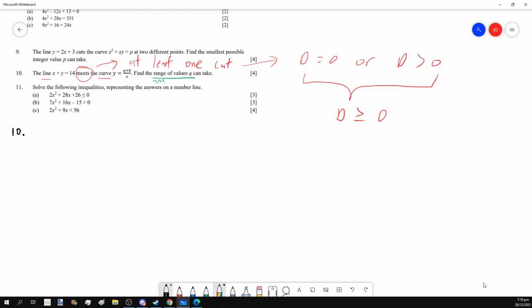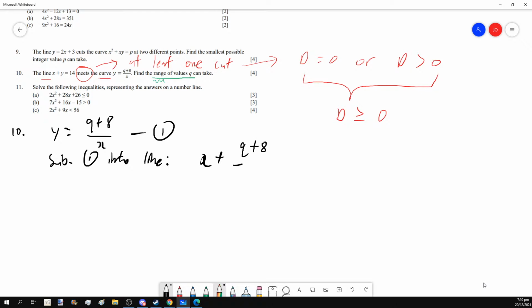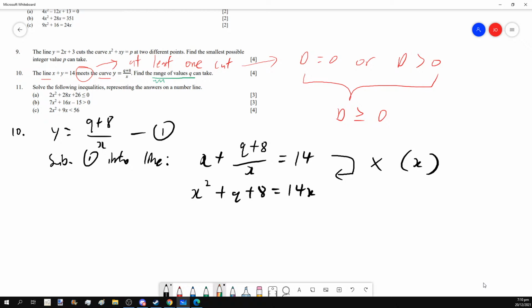So over here, we have y equals q plus 8 over x. I will substitute this into the line, which is x plus y equal to 14. From here, let us multiply everything by x, which will give us x squared plus q plus 8 equals 14x.